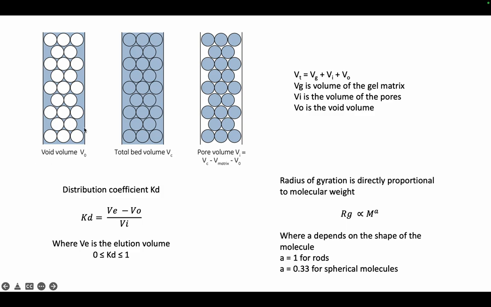Since our stationary phase is made up of spheres, you might have learnt in your previous classes about packing efficiency of spheres. If I have spheres and I pack them, they will fill up roughly 66% of the space, which means that 33% is empty.